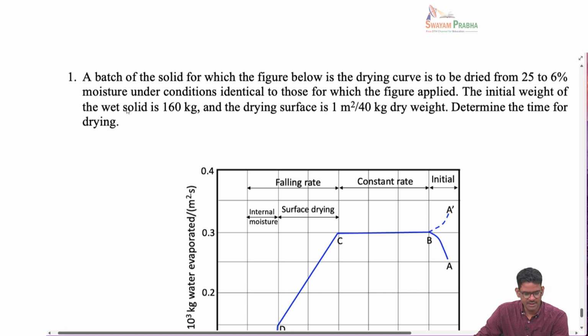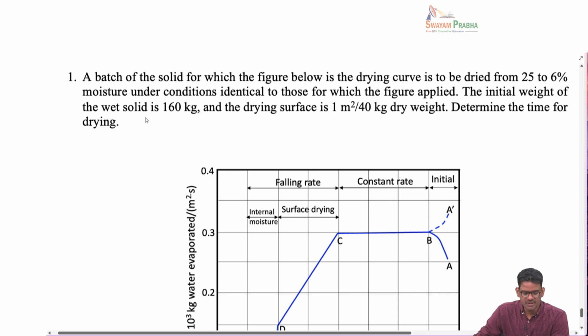The initial weight of the wet solid is 160 kilogram and the drying surface is 1 meter square per 40 kg of dry weight. So instead of giving the dry surface area in meter square, it is given as so much area per 40 kilogram of dry weight, and then we need to determine the time for drying.